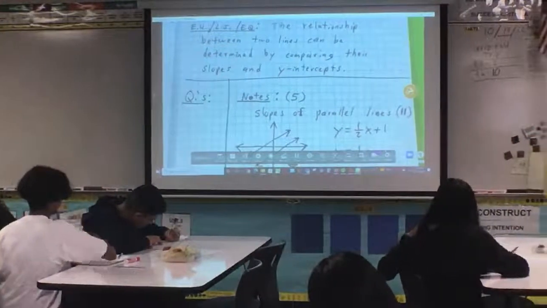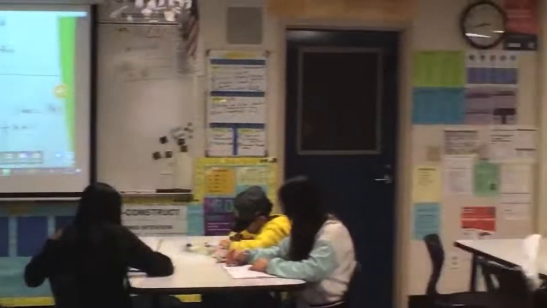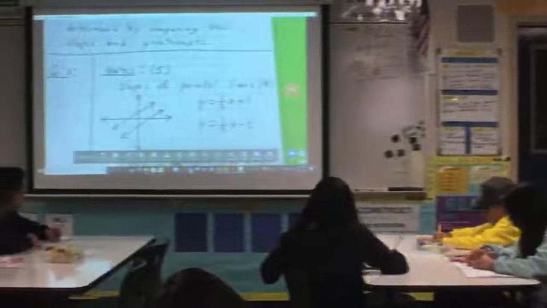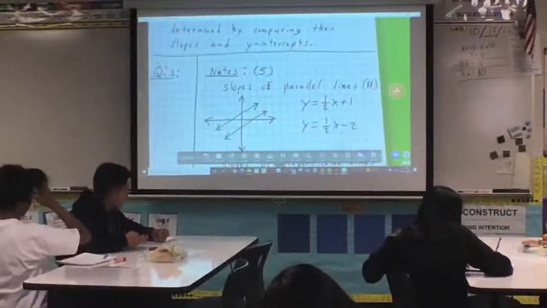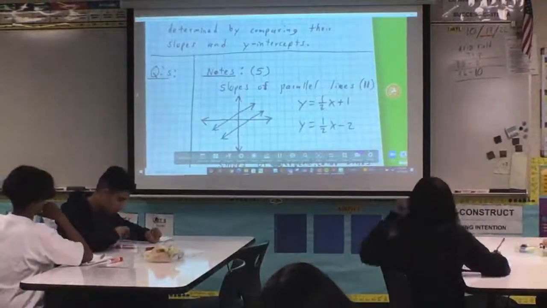The first sample that you see there is on parallel. I know I'm going fast, but we have a lot to do, so get it written down as quickly as possible.